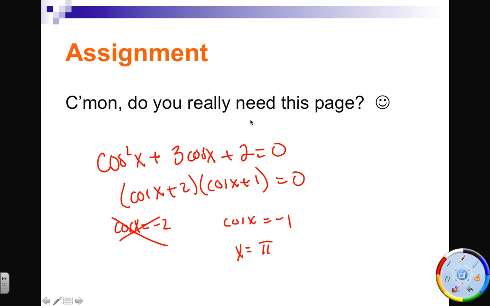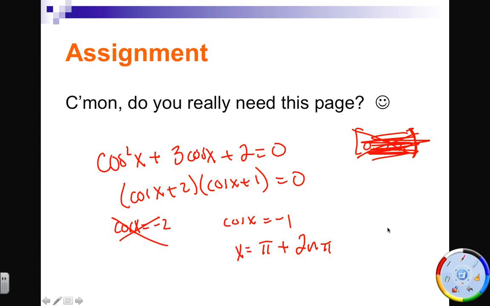Now if I said, hey, find all of your answers on the interval from 0 to 2 pi, if I said, find all the answers on one circle, that would be this. But in this case, if I said, hey, find all solutions, the only other times that cosine is negative 1 is 1 full period away.